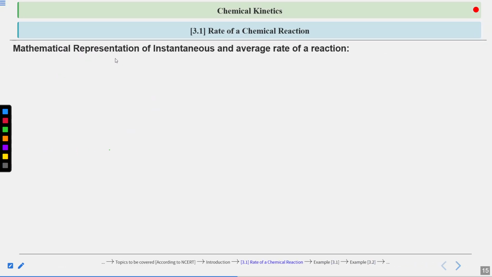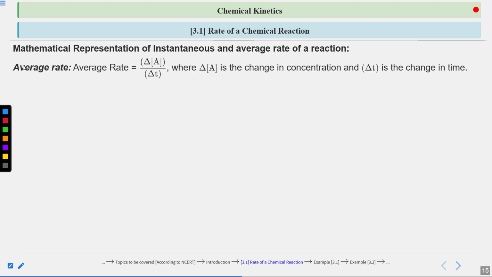Now the mathematical representation of instantaneous and average rate of reaction. Average rate is defined as the change in the concentration of A divided by the change in time duration, where delta A is the change in concentration and delta T is the change in time.